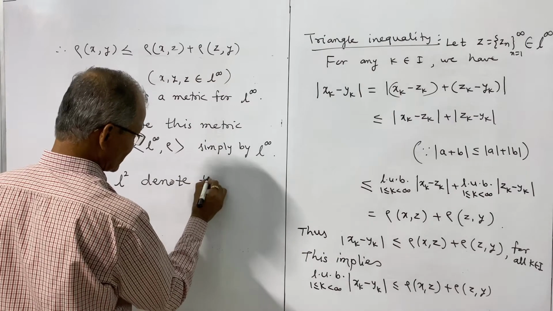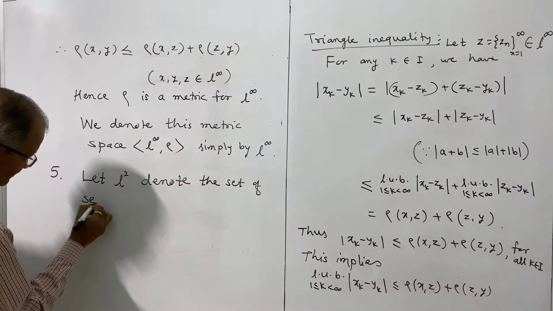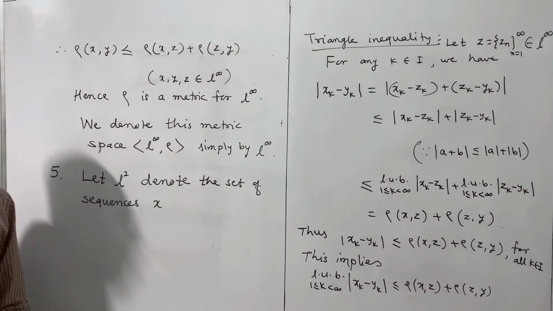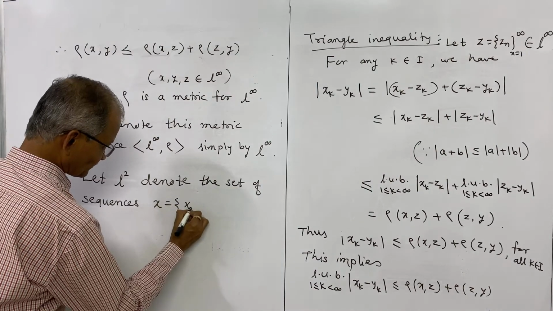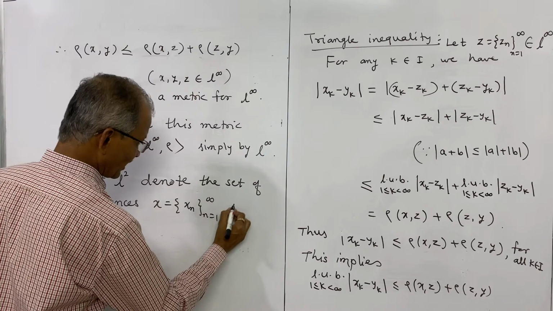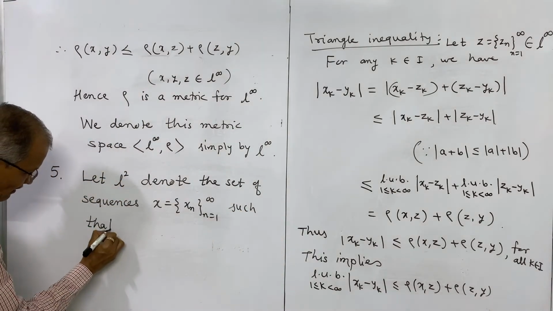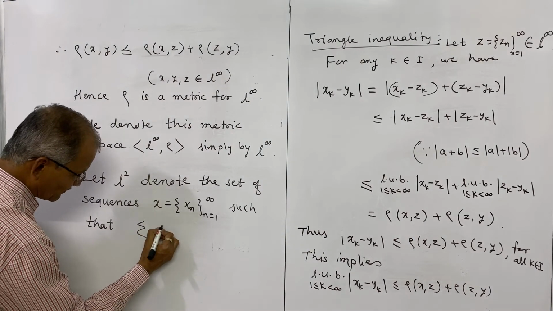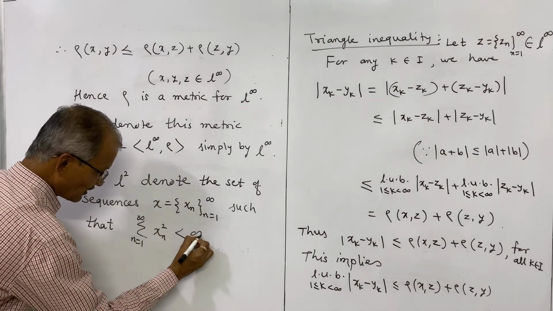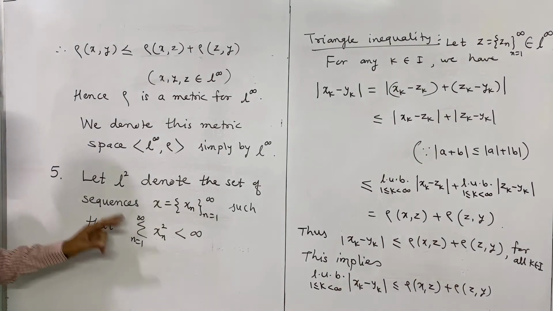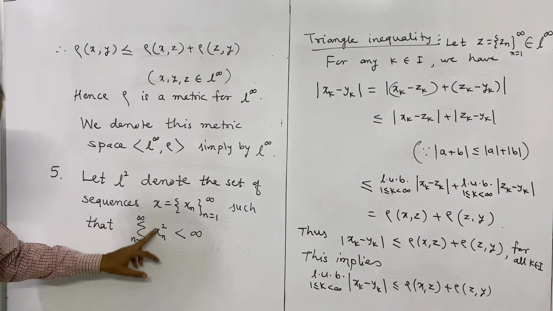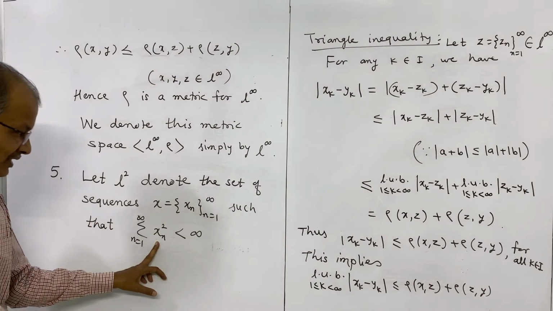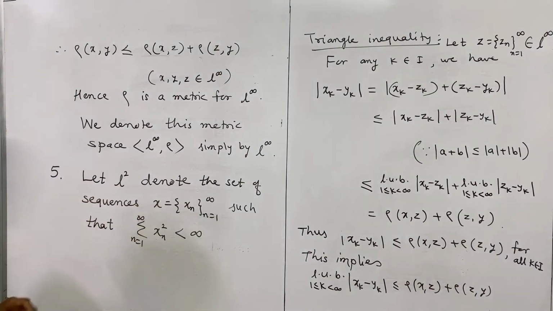So L2 is the set of sequences xn such that the infinite series of square terms of this sequence is convergent.